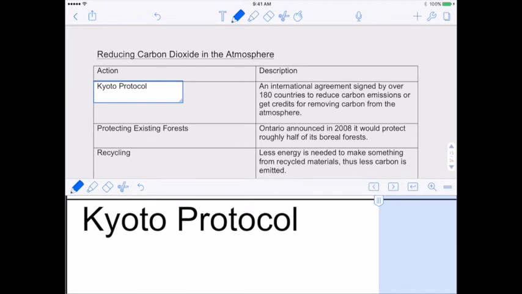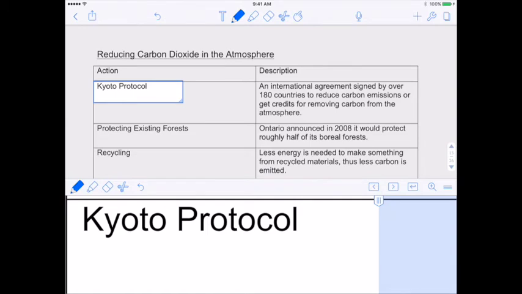So countries need to agree to stop emitting carbon by increasing the amount of public transportation, by building HOV lanes, by offering money to people who want to convert to solar energy or wind energy.